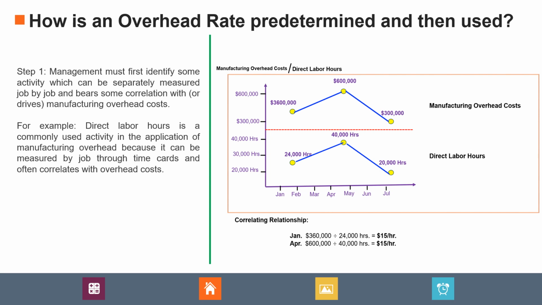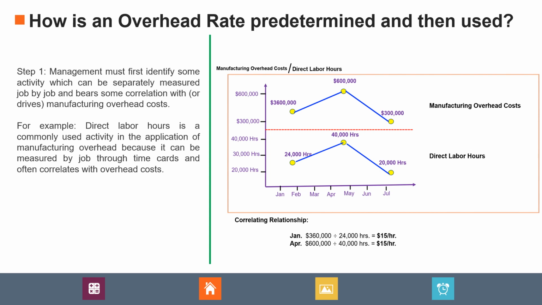If I'm going to apply overhead to jobs based upon the measured direct labor hours on each job, job order 351 versus 353 or whatever, I'm going to want to do that based not on last year's relationship, but on what we think this year's relationship is.